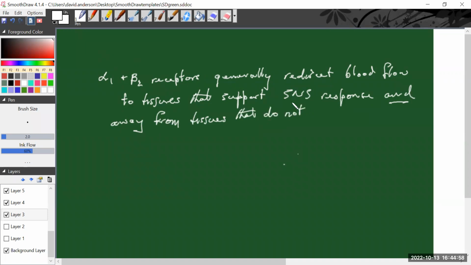So alpha 1 and beta 2 receptors generally redirect blood flow to tissues that support the sympathetic nervous system response, fight or flight, and away from tissues that do not.